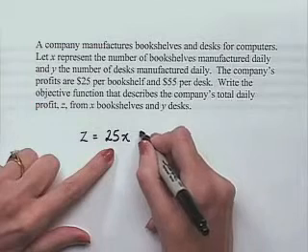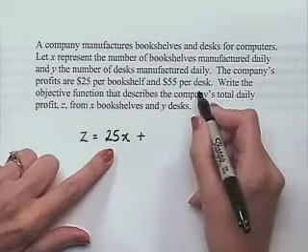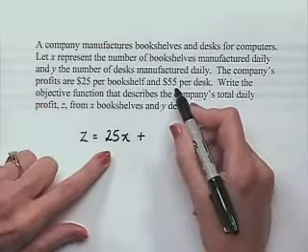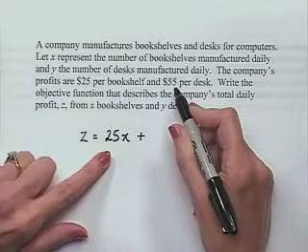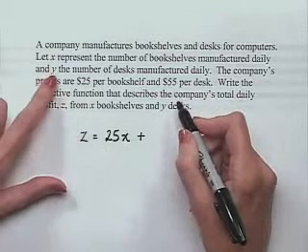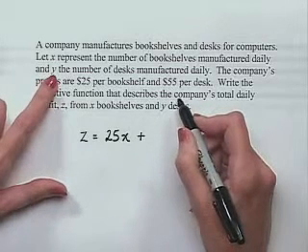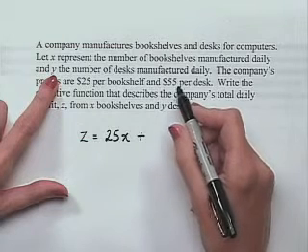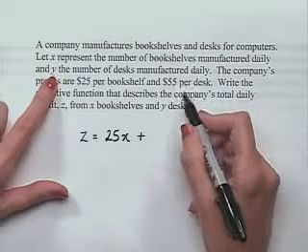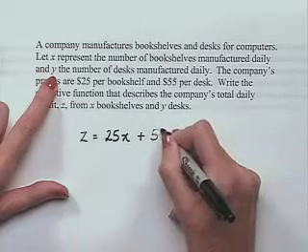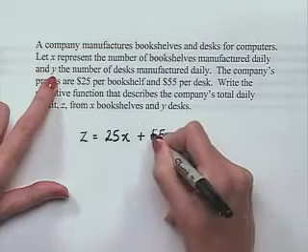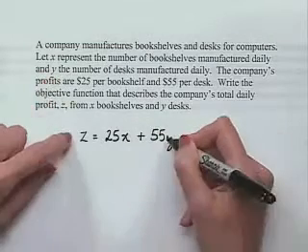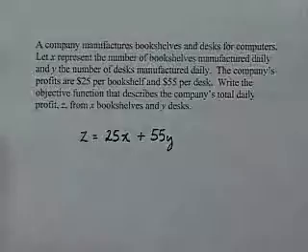In addition to that, we can make a profit by selling desks. We make $55 in this business by selling a desk, and the number of desks is represented by the value Y. So 55 per desk times the number of desks would give us 55Y. This is called the objective function, and we're going to use that in just a moment.